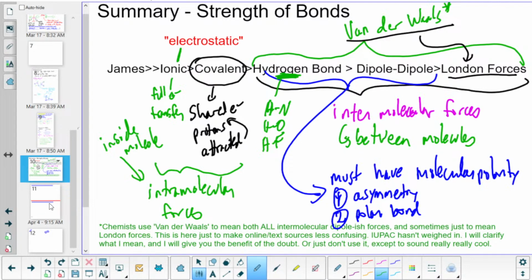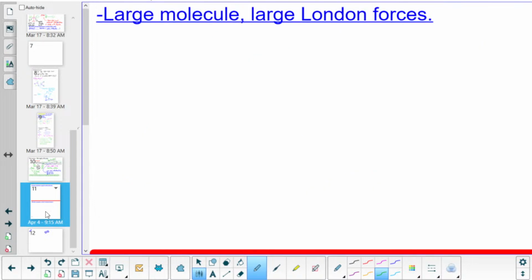Anybody still ready? Okay. Large molecule. I already drew a little bit of this, but let's do the two examples. We'll start off with C26H54.